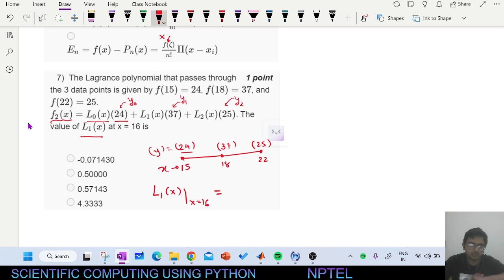So we know the formula. It is x minus something over x1 minus something, because we have 1 here. And this you do for all the points. So how many points do we have? 3 points, right? So you do this for 2 points because 1 has to be excluded. So in the first one you put x0, in the second one not x1 but x2, because we are dealing with 1.